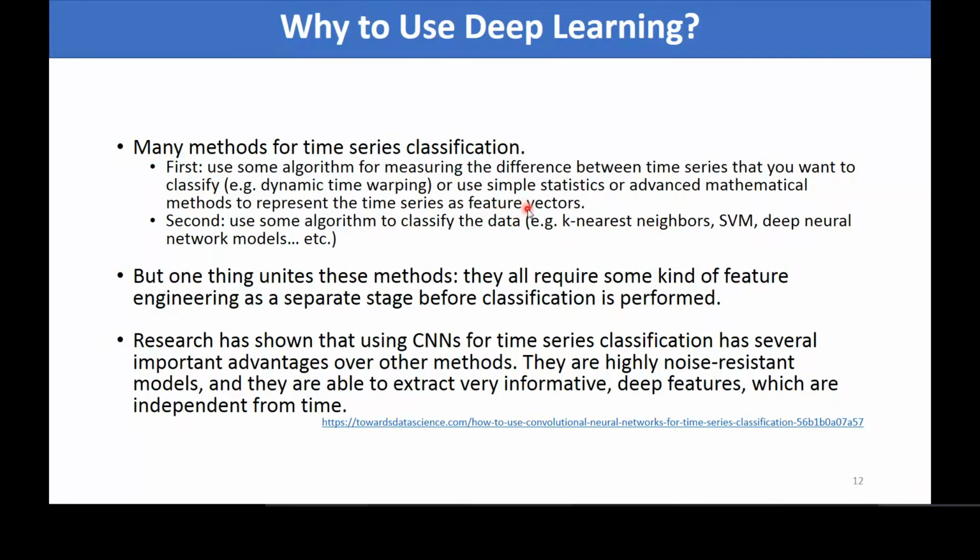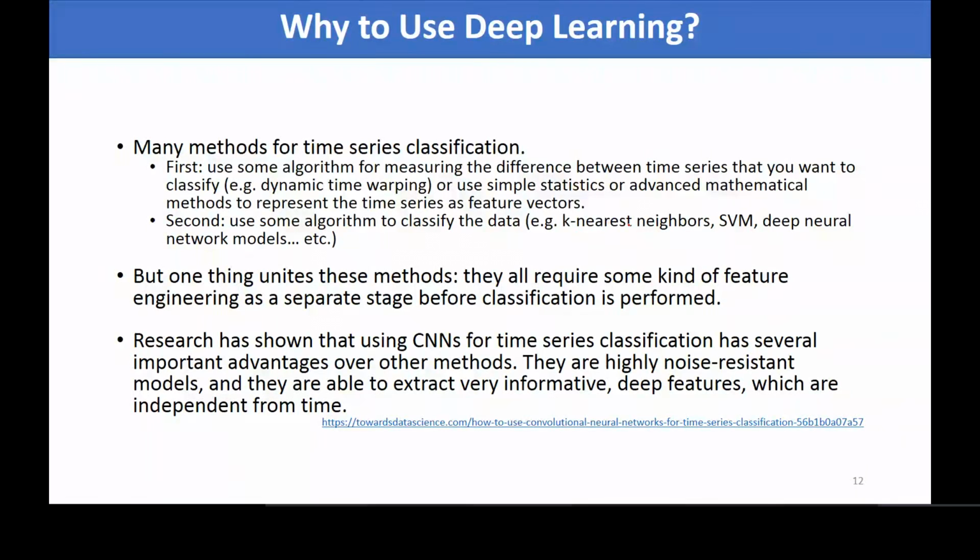These indicators could be, for example, the distance between a time series and another time series, or the difference between a time series and a shape you know about, or some other statistical analysis, including all those techniques here. And then after you have generated some kind of features, you can move and apply one kind of classifier, like a machine learning algorithm, KNN, SVM, neural network, etc.